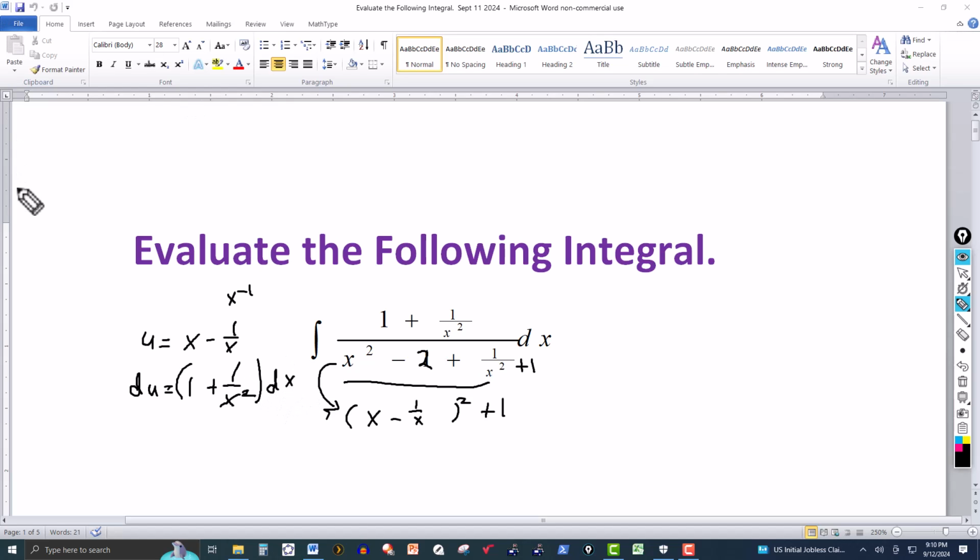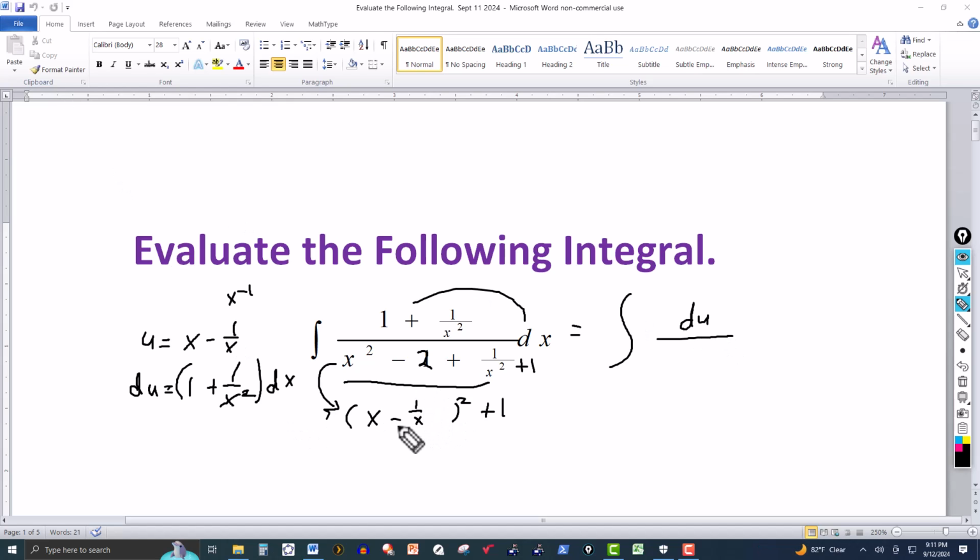So my objective, using the U-substitution, is to convert this given integral into one involving the variable u. This can be done by noting that (1 plus 1 over x squared) dx is your du. And what do I have in the denominator?